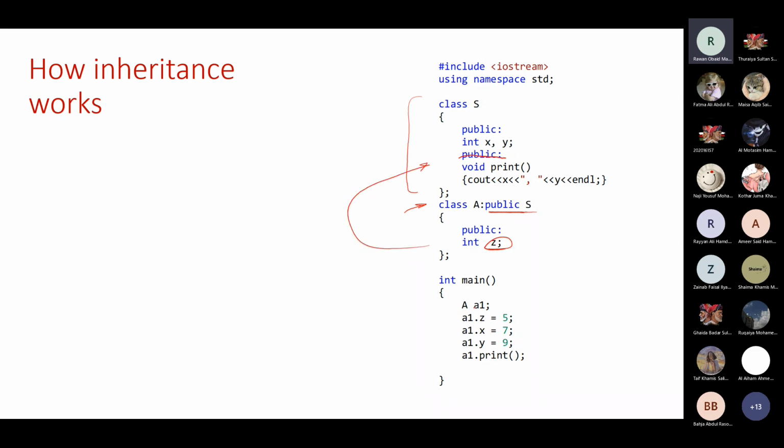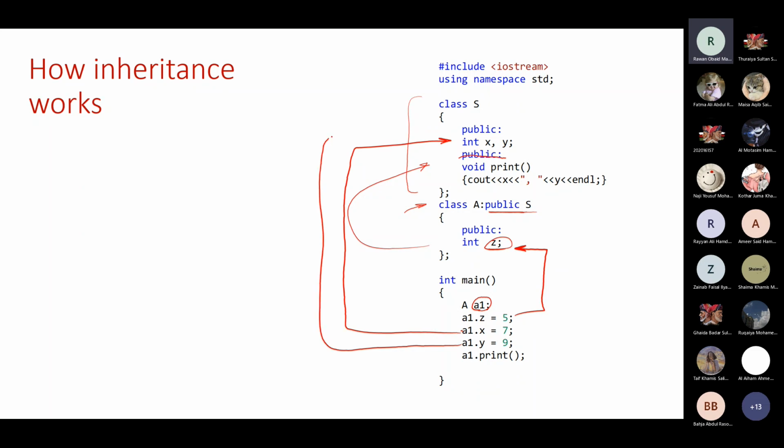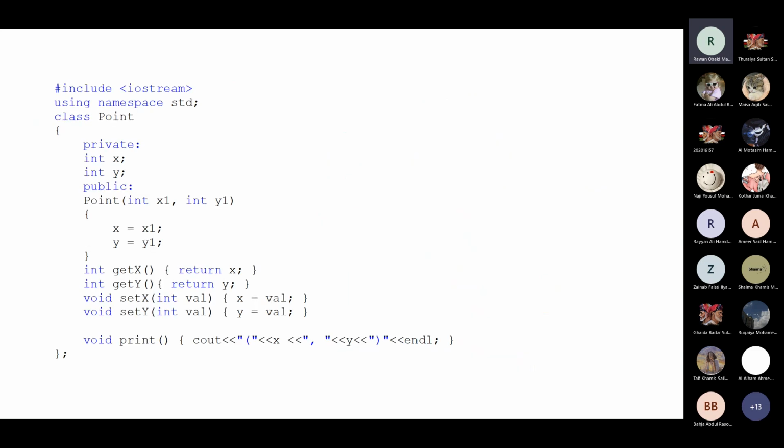For example, if I define a variable A1 of type A, then I can use A1.Z, which is here, but also I can use A1.X, which is in the superclass, A1.Y, also in the superclass, and also I can use print, which is also in the superclass. Actually, the derived class or the subclass can use all the variables and all the functions available in the superclass.